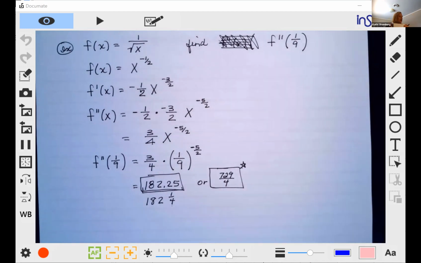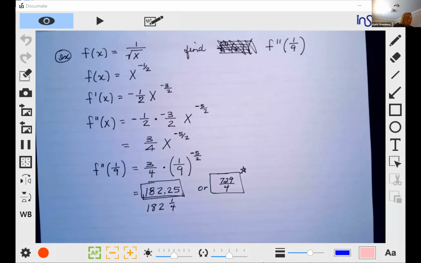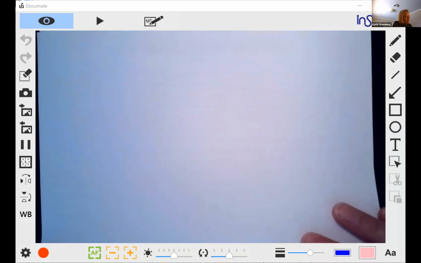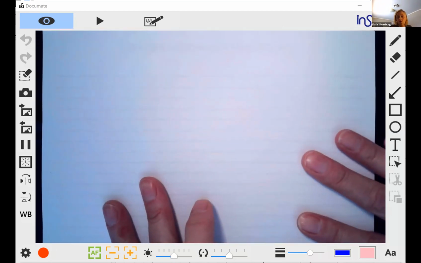Okay. All right. Now, that's an introduction as to what derivatives of higher order are. Now we're going to talk about what it's actually used for.